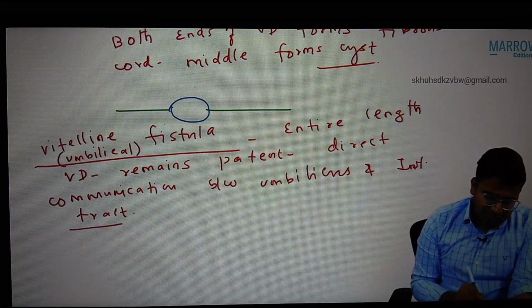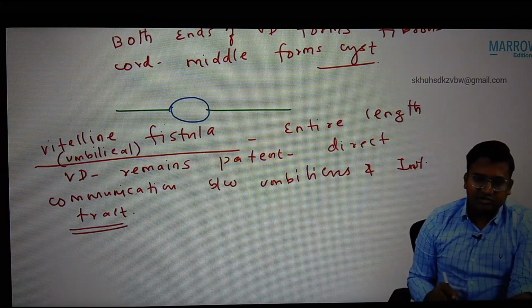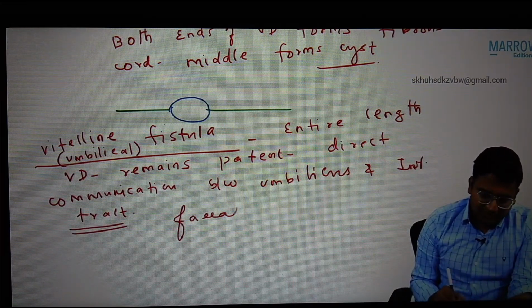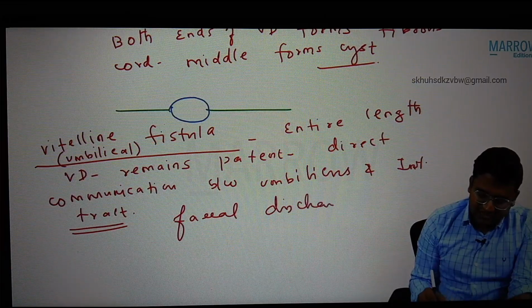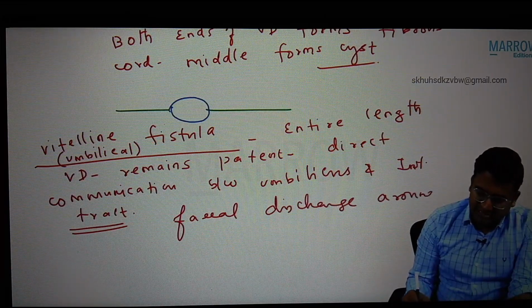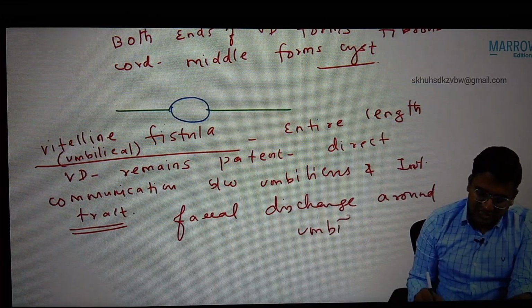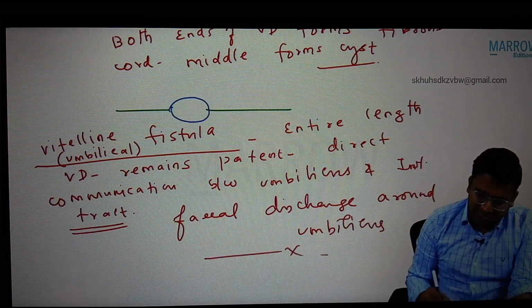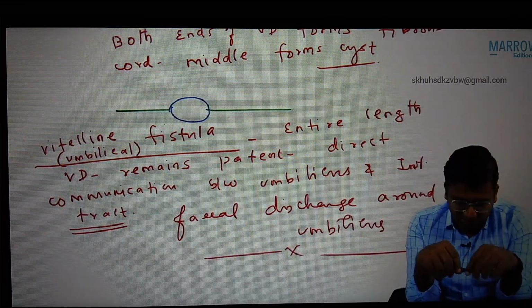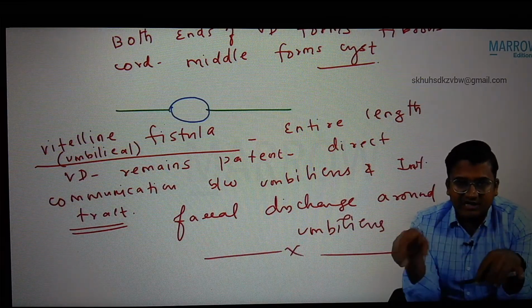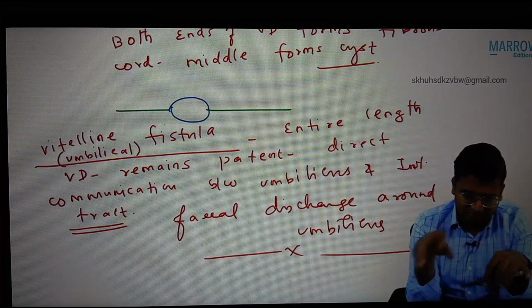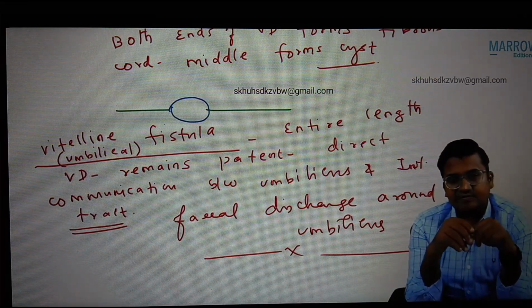So now what will happen because of this vitelline fistula, umbilical fistula? You will see the fecal discharge around the umbilicus. The mother will bring the child to the OPD with complaints of passing meconium or feces around the umbilicus.